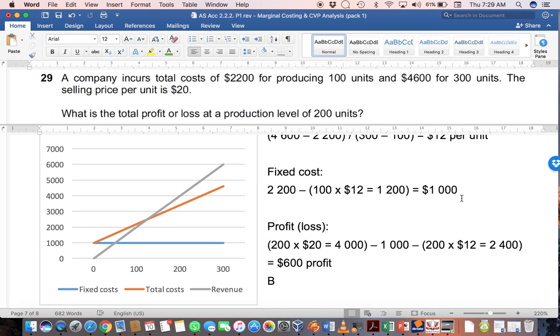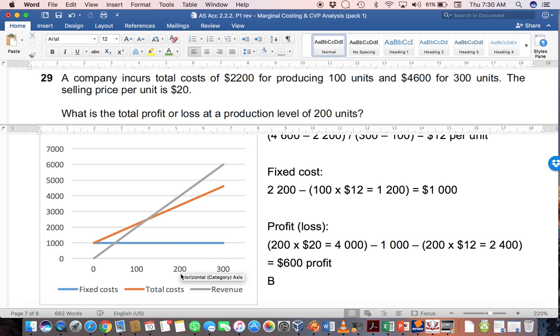Once I've identified that $12 per unit, I am therefore able to work out the fixed cost as $1,000, which is by saying the 2,200 at this point minus the variable costs, which is this part over here, and I'm then able to see that my fixed costs must be $1,000. Obviously, if you've drawn the graph, you'd be able to just read it off as $1,000.